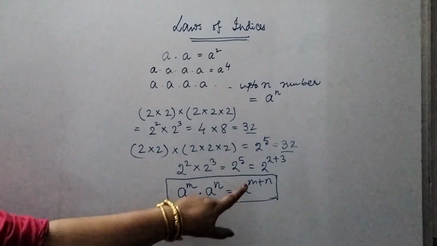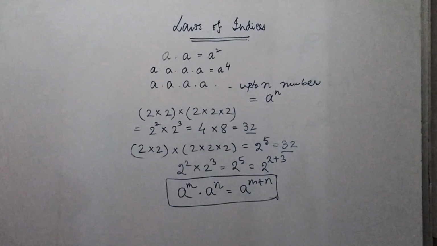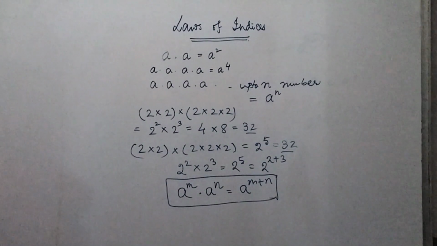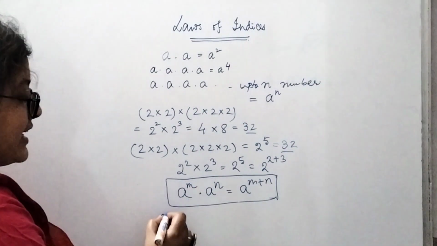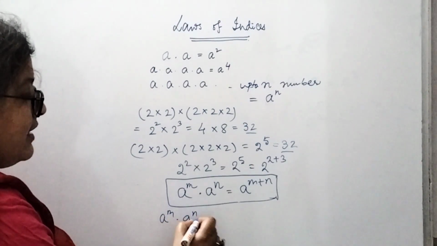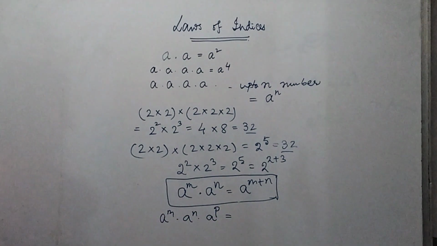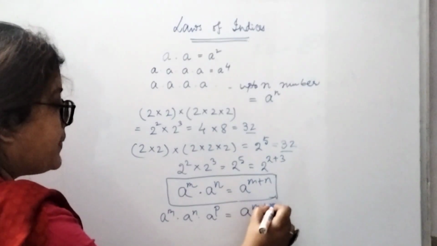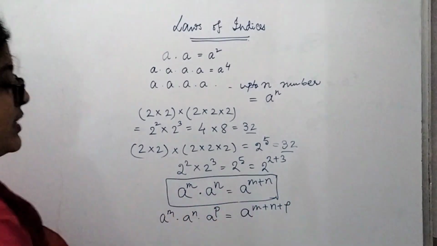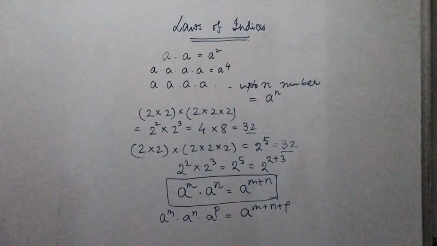This law will be applicable for any number of such terms. That is, if we consider a to the power m, a to the power n, a to the power p, three different integers in the power, then it can be represented as a to the power m plus n plus p. And it will be applicable for any number of such variables.